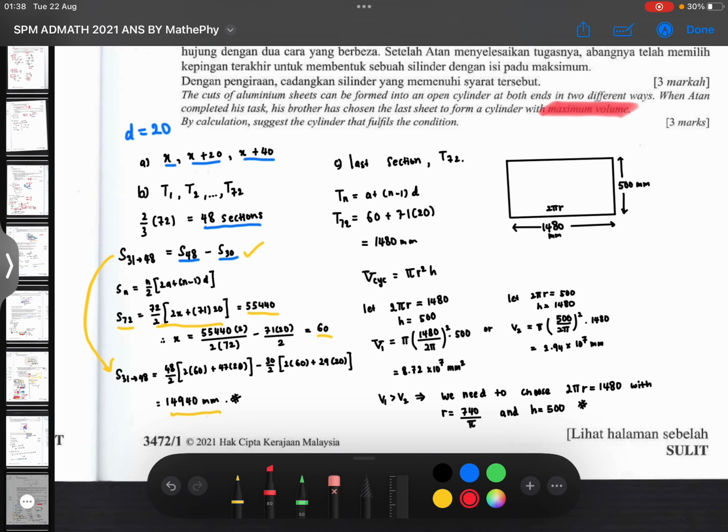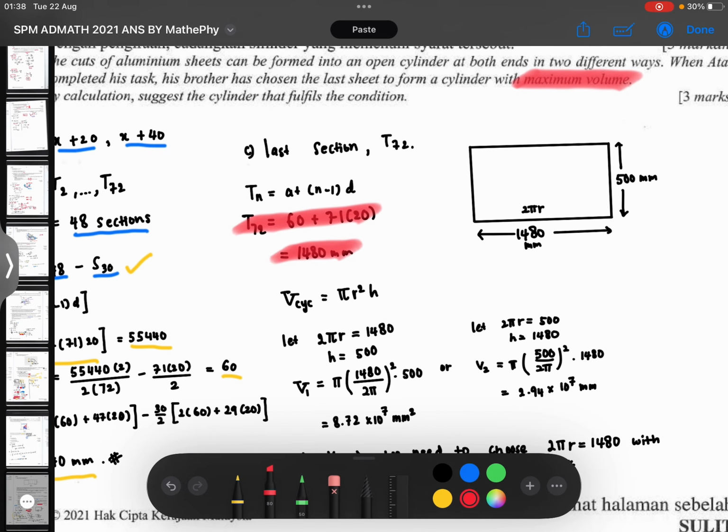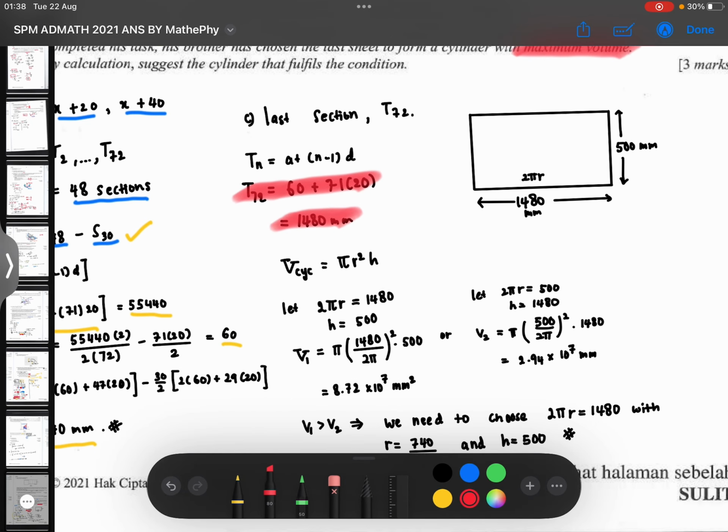So my strategy is I find T72 because it is the last term, the last section. So I get the length is 1480 millimeter, and then the height is 50.